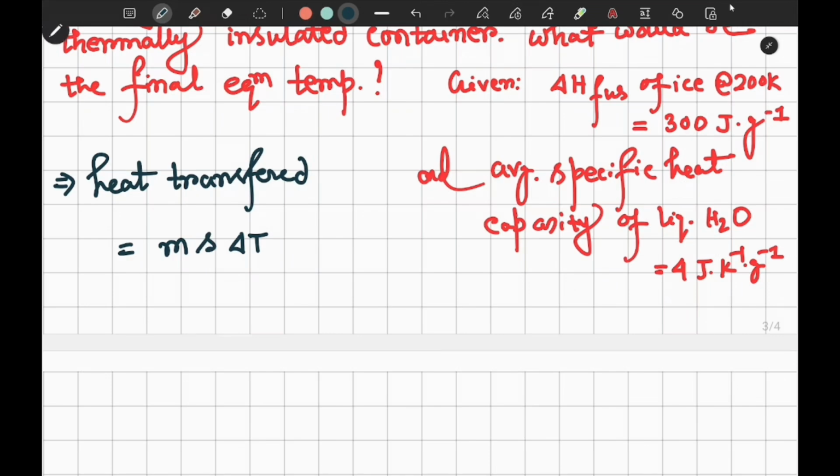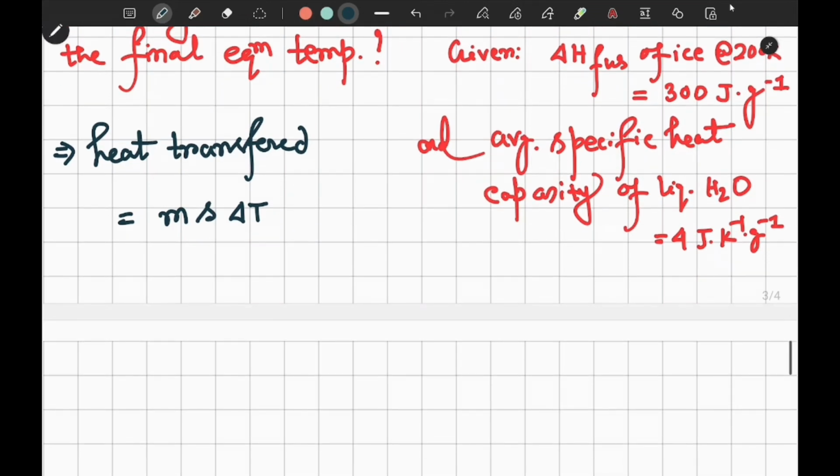It's a small s, specific heat. That is the formula of heat transfer.